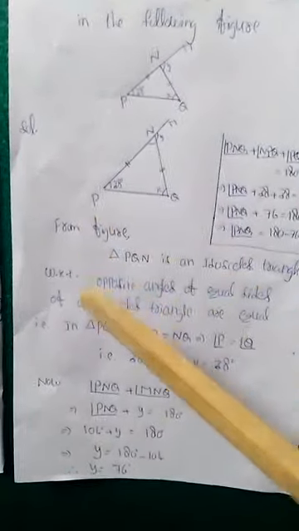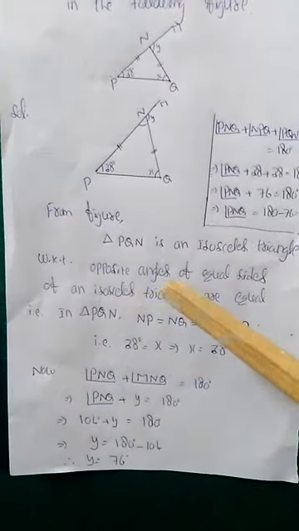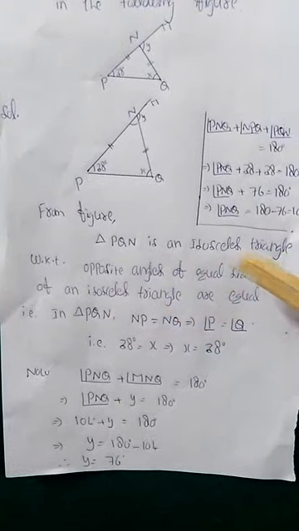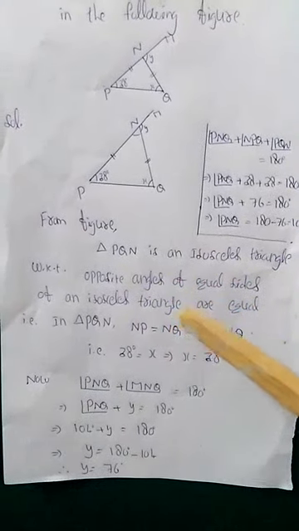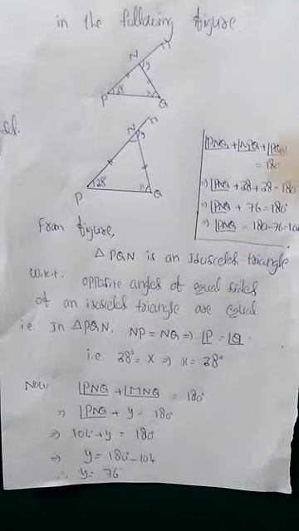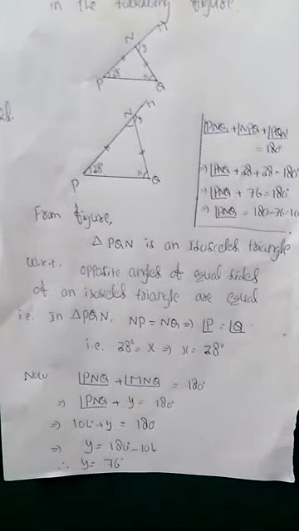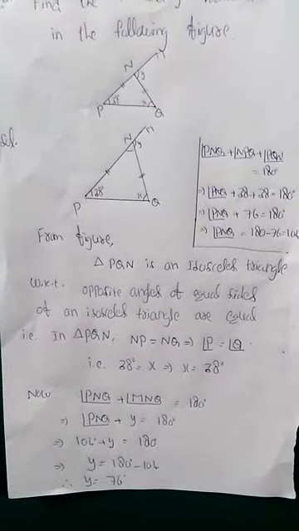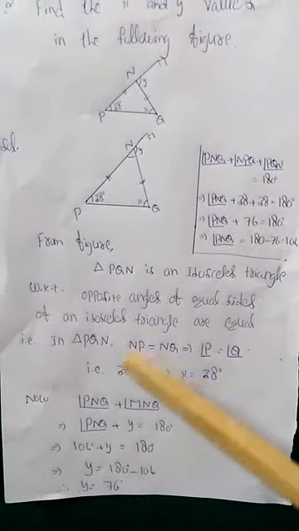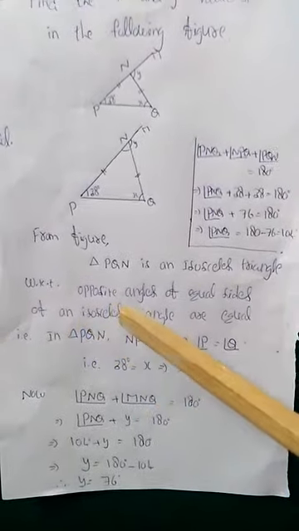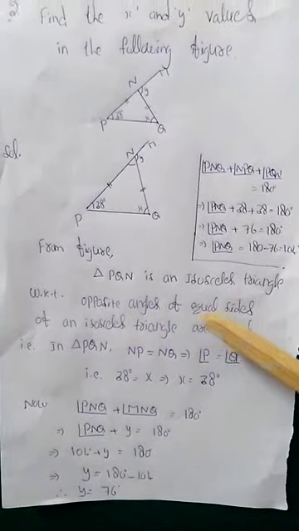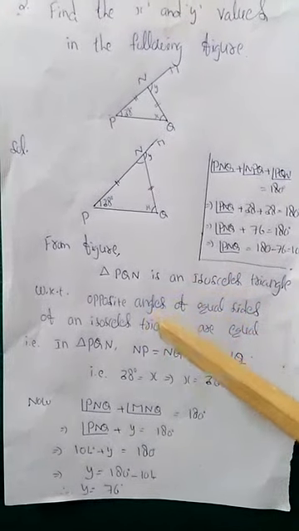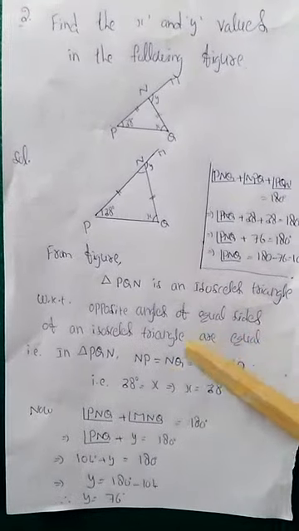We know that opposite angles of equal sides of an isosceles triangle are also equal. You know already, when I was explaining about the isosceles triangle, I told you at that time.